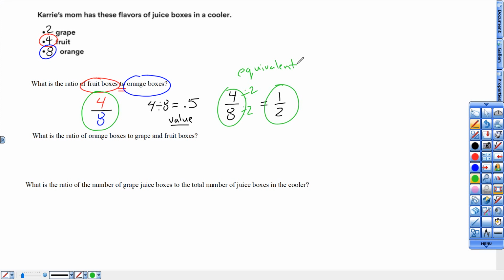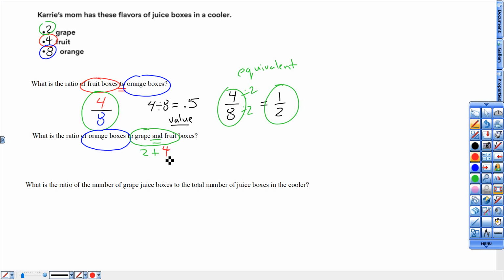If I say a little bit harder, orange juice boxes, so orange, we got 8, to total of grape and fruit. So for this one, I got to take the number of grape and fruit and add them up. So that's 2 for grape. I got 4 fruit.